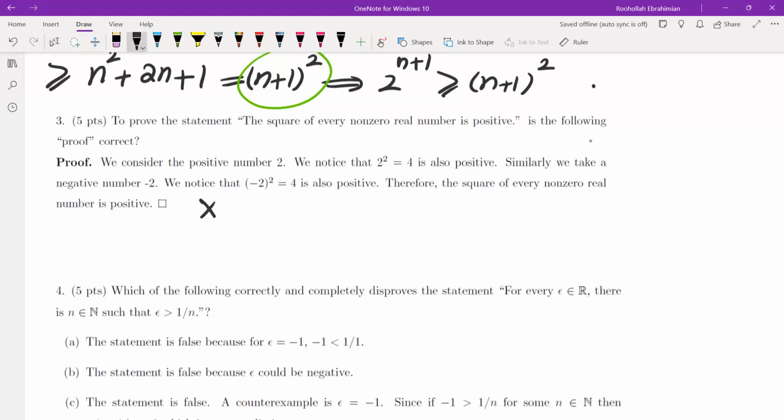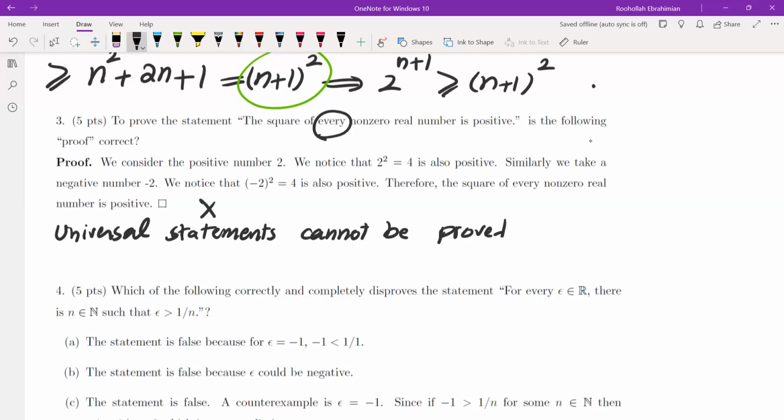Clearly, this is false because this is a universal statement, because they said for every. So universal statements cannot be proved by examples.